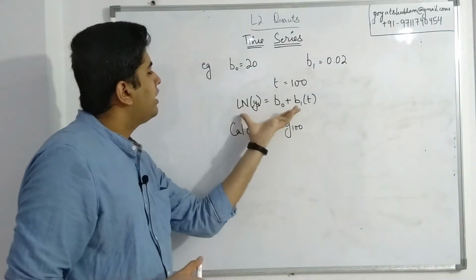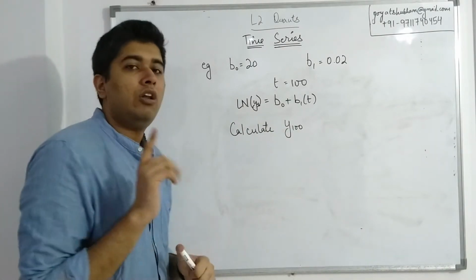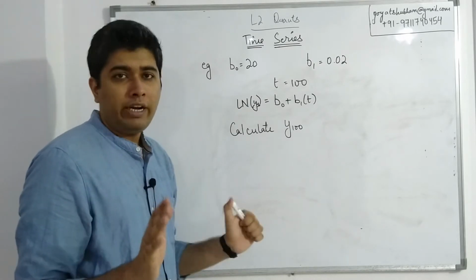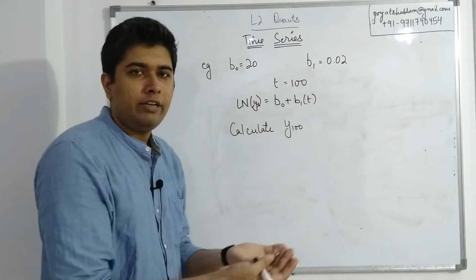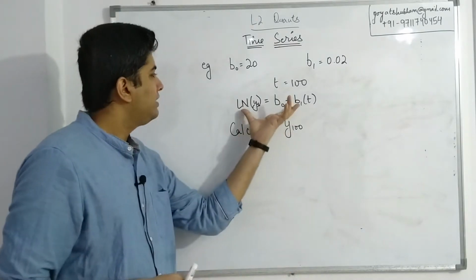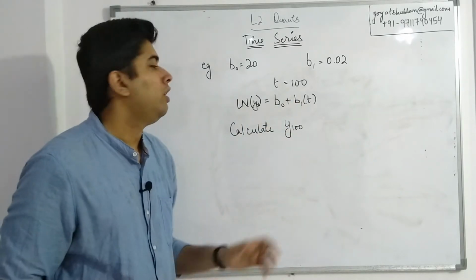Now, the moment you see an equation like this, the first thing you have to understand is this is a log linear trend. So this is not a linear trend outright by itself. This is a trend converted into a linear trend. This is originally an exponential equation. So this represents that we are dealing with a log linear trend model.